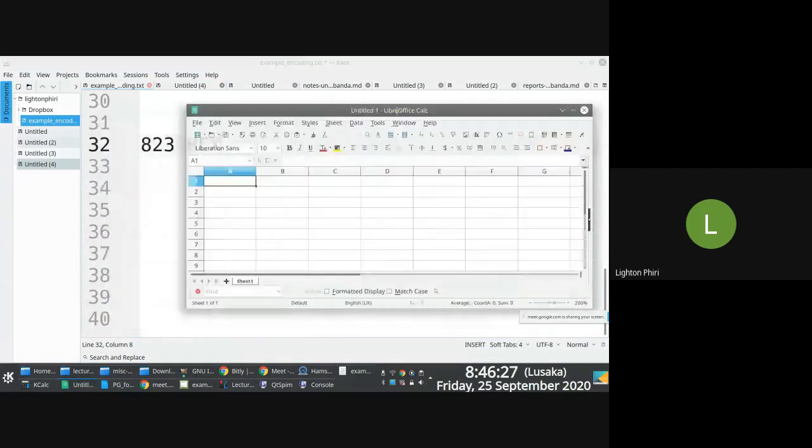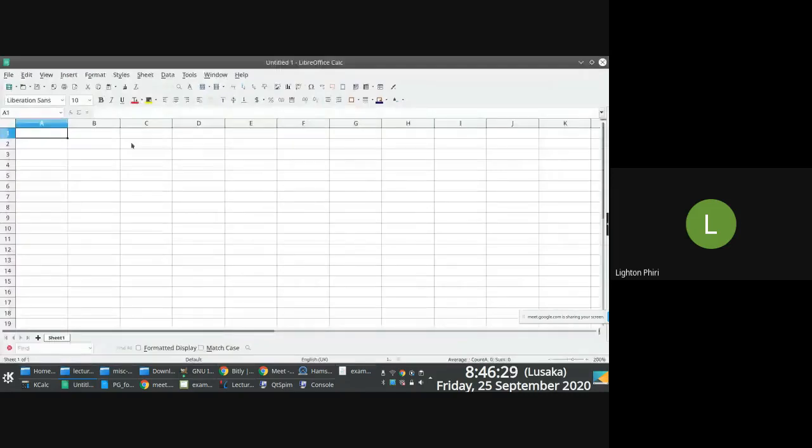So if we have 823 hexadecimal, what we do is we get the equivalent decimal symbols, which are still going to be 8, 2, and 3. Okay? Get equivalent decimals, right?